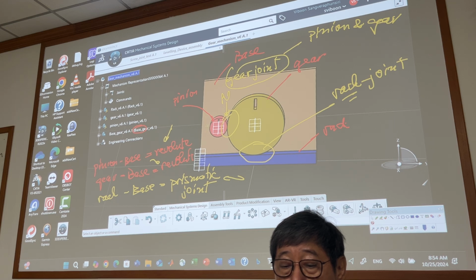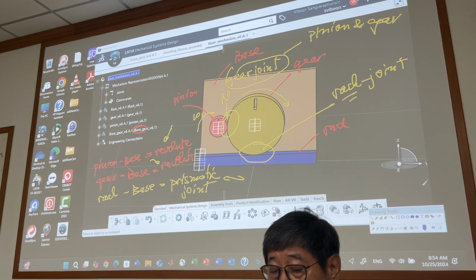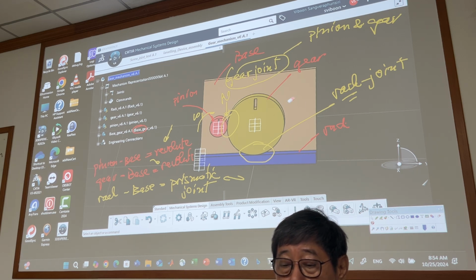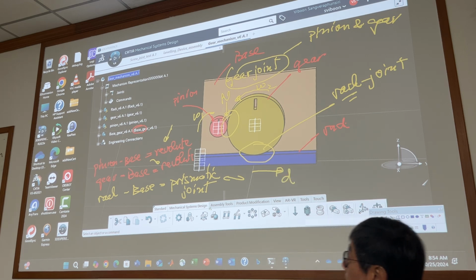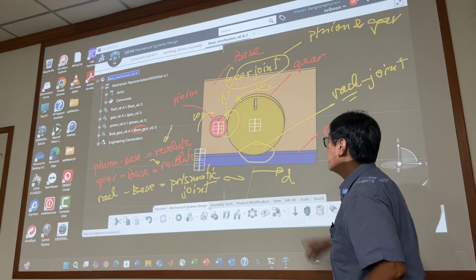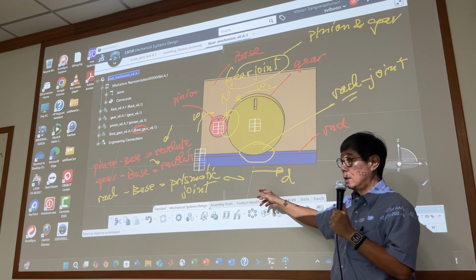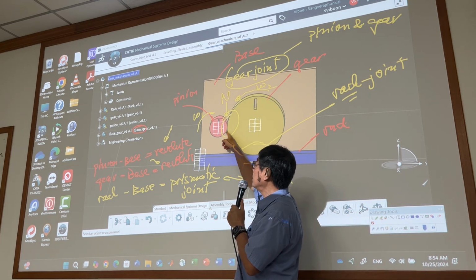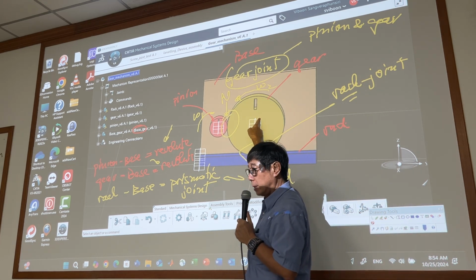So you have this one, let's say this omega 1, this omega 2 joint. Direction has to be this omega 1, this omega 2, right? And this D, right? Omega 1, omega 2 and D, right? You have a relationship between omega 1 and omega 2, right?